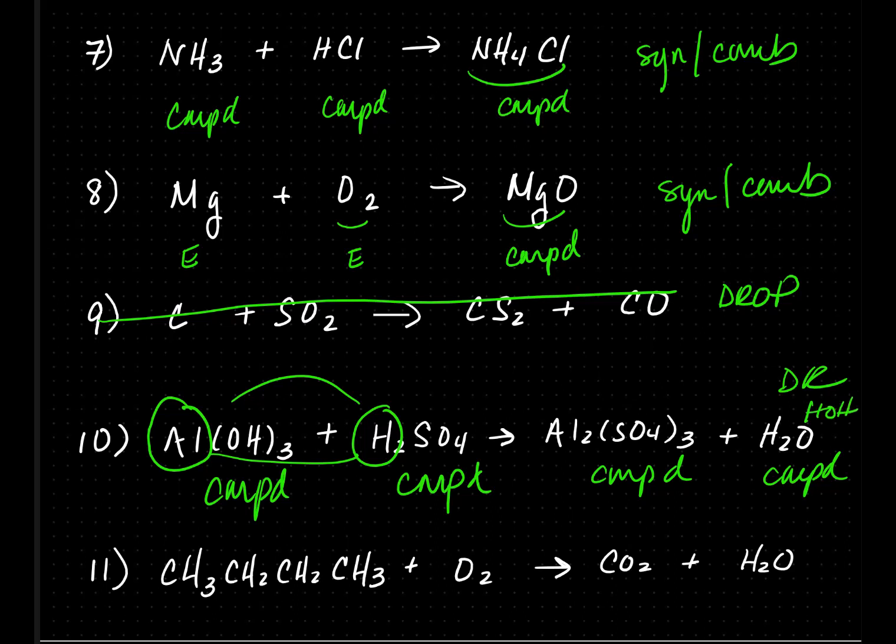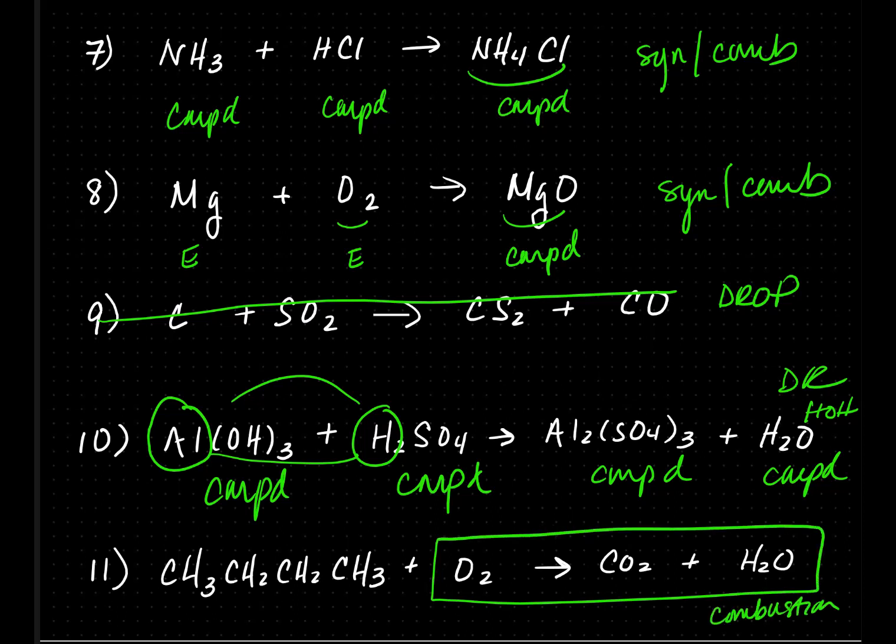Number 11, this is a combustion reaction. O2, CO2, H2O. The first part here is a hydrocarbon, CxHy. If you count, this is C, 1, 2, 3, 4 carbons. Hydrogen, there's 3, 3, and 2, and 2, 10. So this is butane.